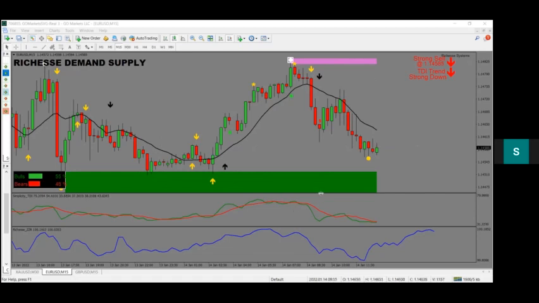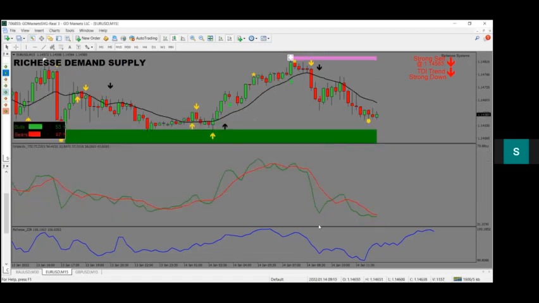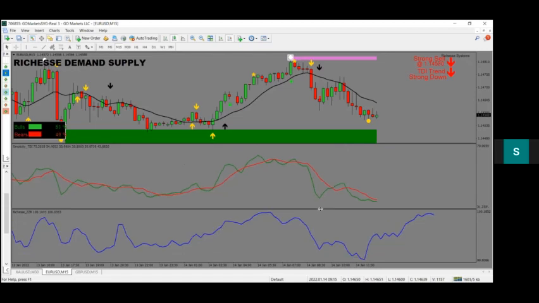Now we have two more indicator windows. You need to go buy when the green line is above the red line.